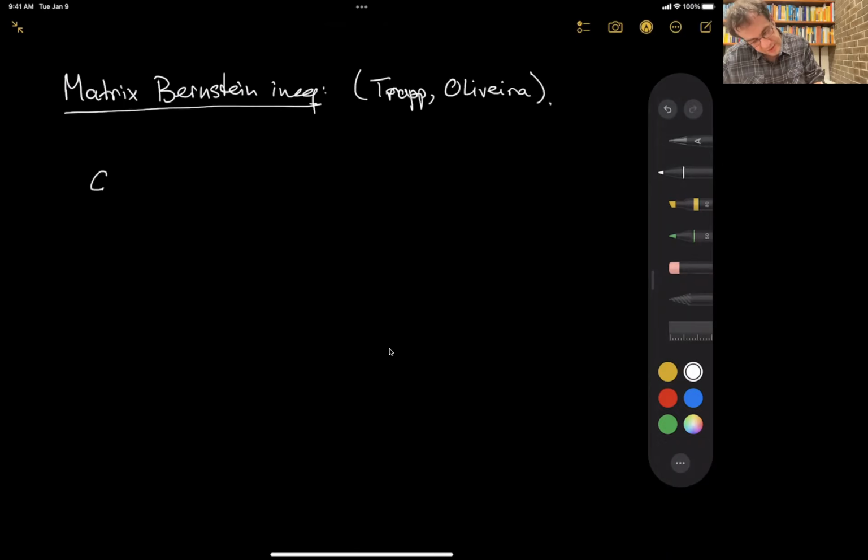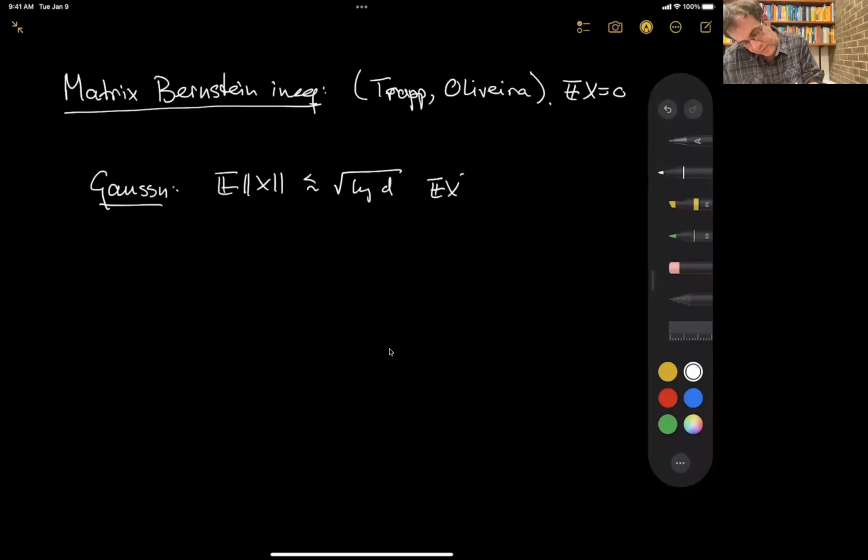Remember, for the Gaussian case, and let's say mean 0 for simplicity, we have that the expected norm of X is bounded by the square root of log d times the square root of the norm of the expectation of X squared.